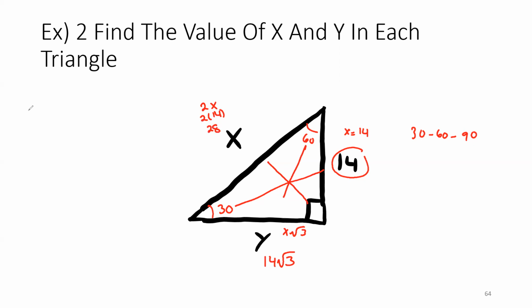Okay, so x is 28, or the hypotenuse, and y, or the largest leg, is 14 radical 3. Okay, let's move on. Go ahead and absorb all that. I know it's a lot of information.